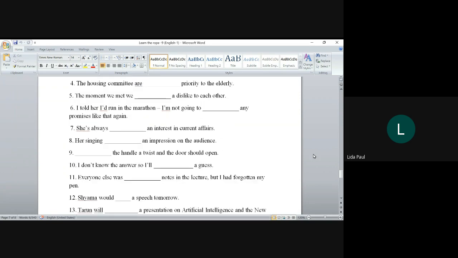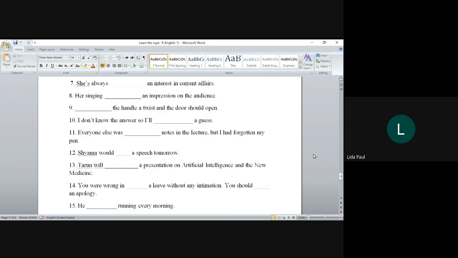Everyone else, 11th one, everyone else was dash notes in the lecture, but I had forgotten my pen. Taking. Do you say taking? No. The commonly used one is taking, but the actual answer is making. You make notes in the lecture.